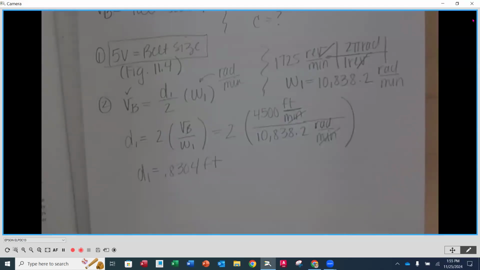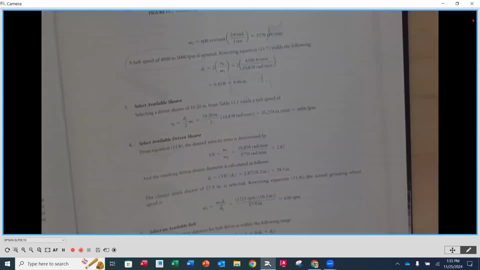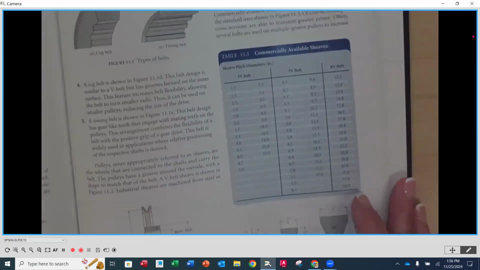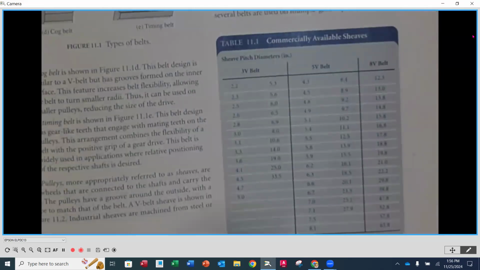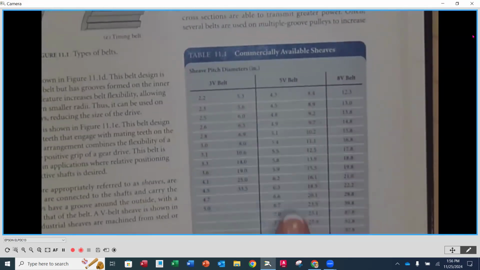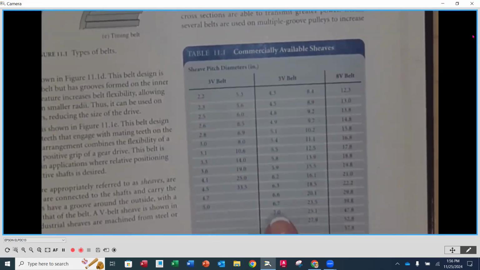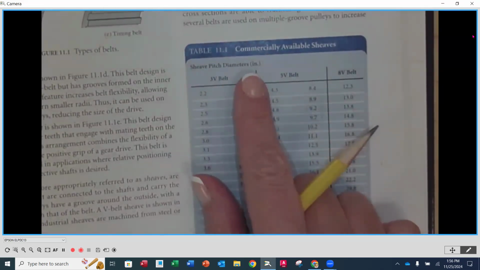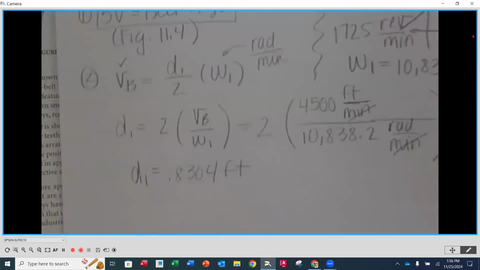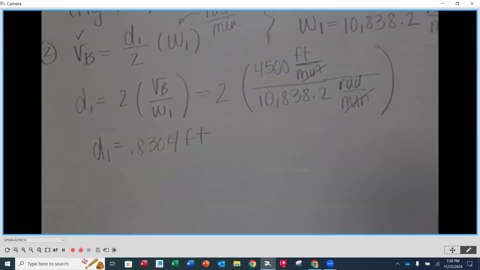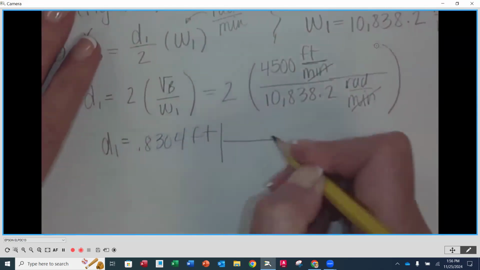Now, if we look at our chart to pick our diameter, because we're going to be picking the closest diameter on table 11.1, we're going to be in this middle column here. Do you see that this is in units of inches? So what do we need to do with the number that we just calculated? Convert it, right?